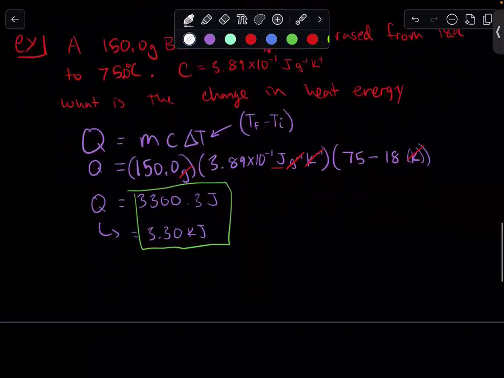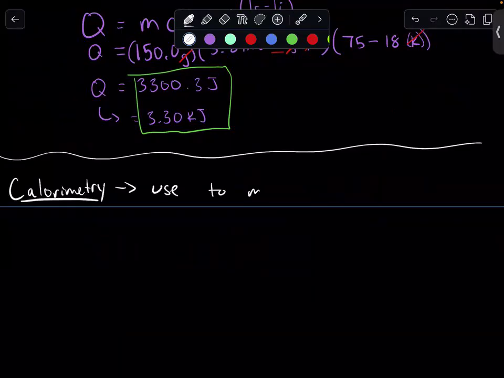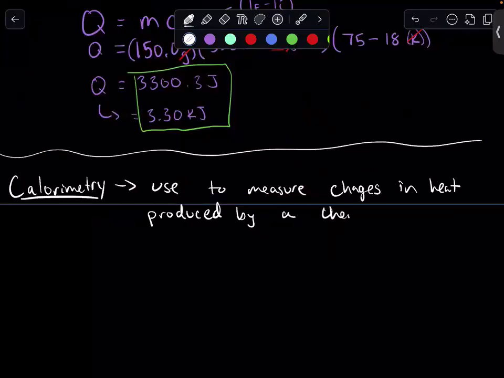All right, so that's how we use that equation, but when do we use it? What do we do first? Well, to figure out how to use that equation and when we should, we have to look into calorimetry. Calorimetry is what we use to measure changes in heat produced by a chemical reaction. The tool we use in calorimetry is called a calorimeter.